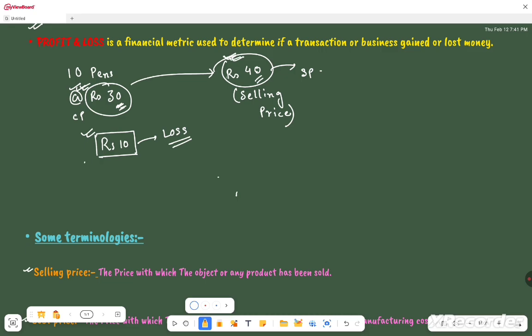Now revenue is 40 and expense is 30. So if revenue exceeds the expenses, that is the gain. Here this 10 rupees margin is the gain for us.